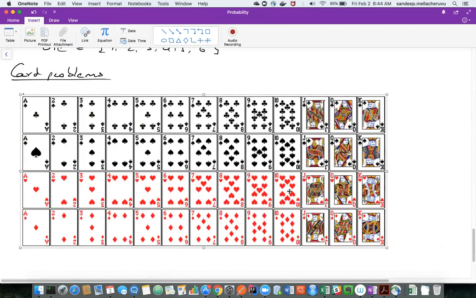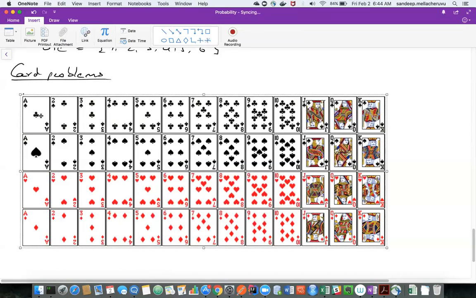Each suit will have 13 cards, and you can see it starts with A. It doesn't start with 1. It's called ace, and it continues until 10, and then there will be J, Q, and K. These cards J, Q, and K have pictures on them, and the other cards have numbers or ace. That's how each deck looks.